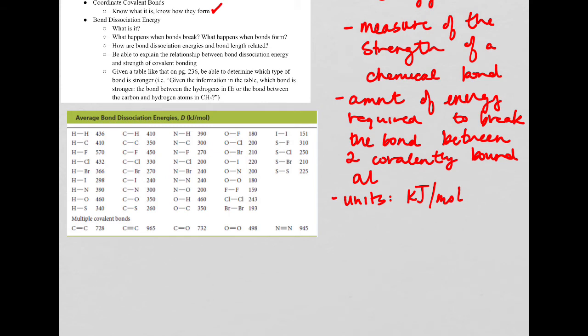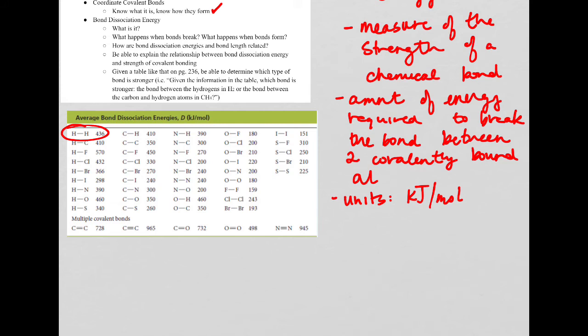We have to put in energy. We have to put in this amount of energy. For example, if we want to break a hydrogen-hydrogen bond, we have to put in that amount of energy. So breaking bonds requires energy. And when these bonds form, this energy is released, right?